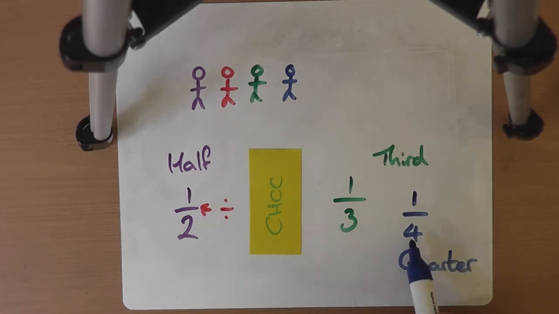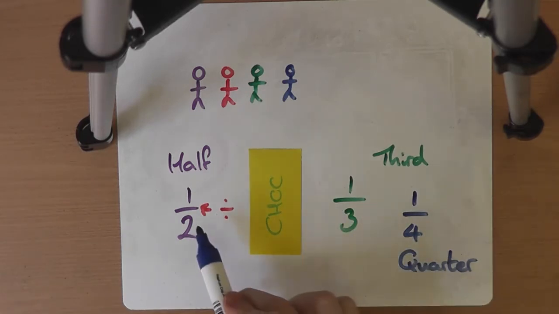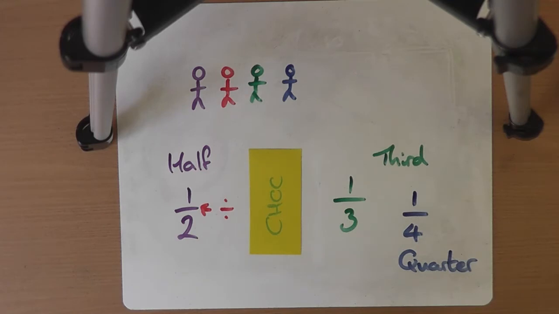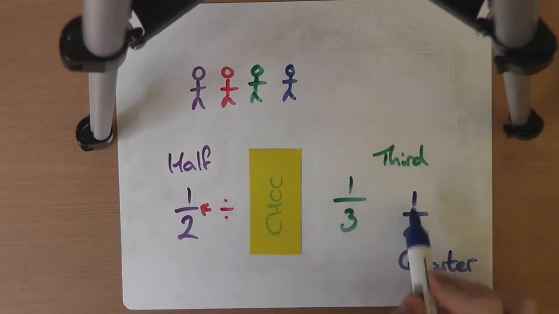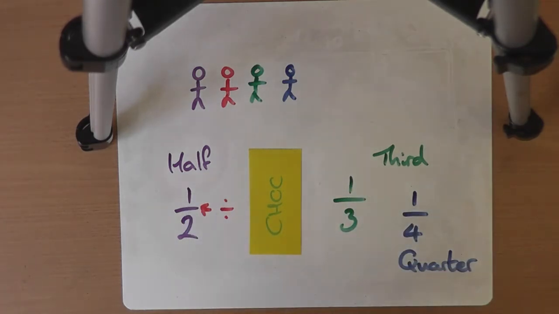And if we have more pieces, the pieces themselves have to be smaller. So 1/4 is smaller than 1/3, which is smaller than 1/2. The bigger the number on the bottom, when we are dealing with these basic fractions, these 1 over things, the more pieces we're sharing it into. And in this case, in these particular examples, the fractions are getting smaller.